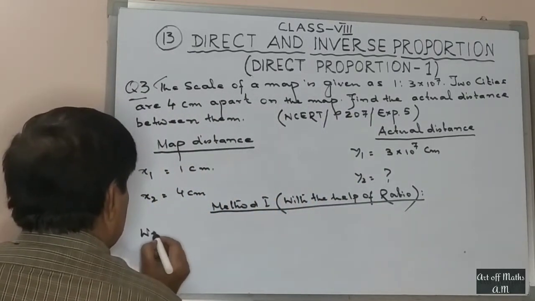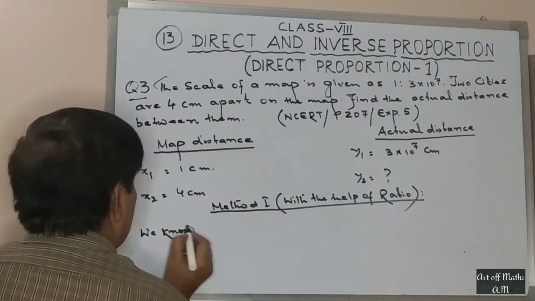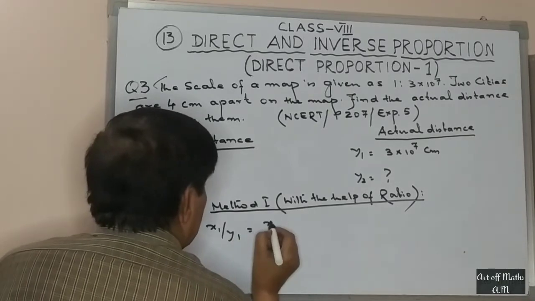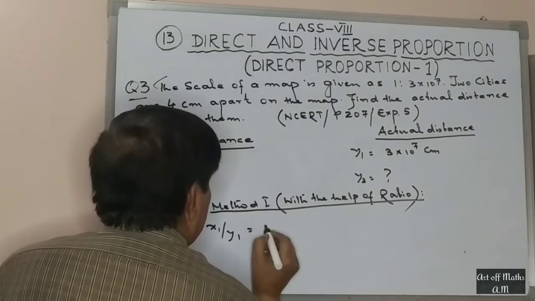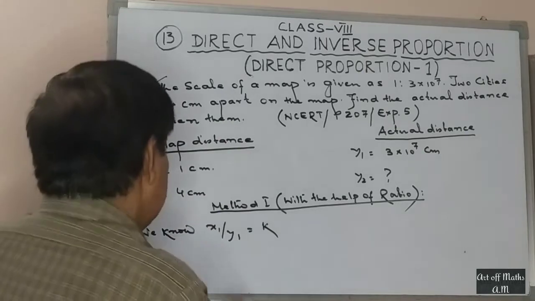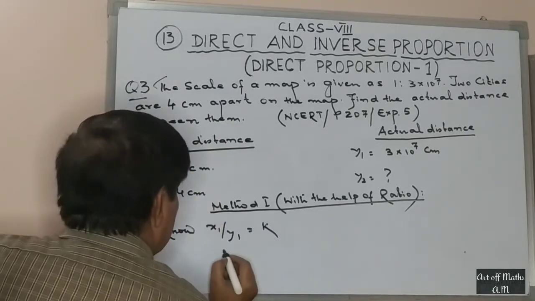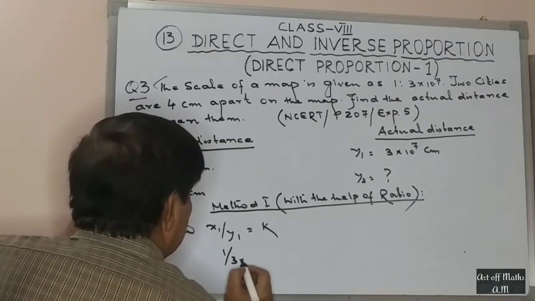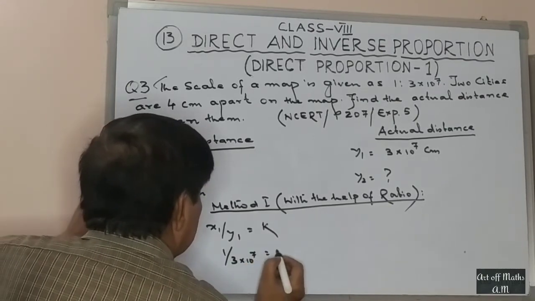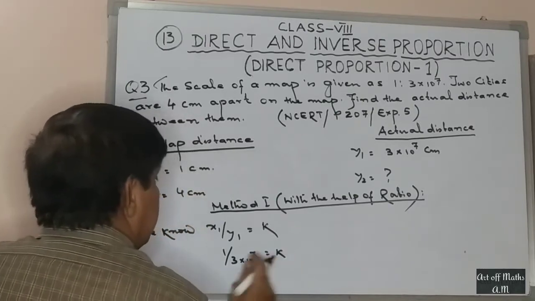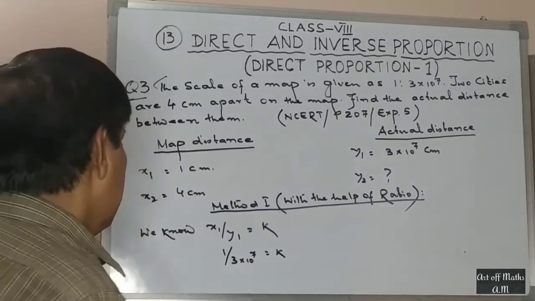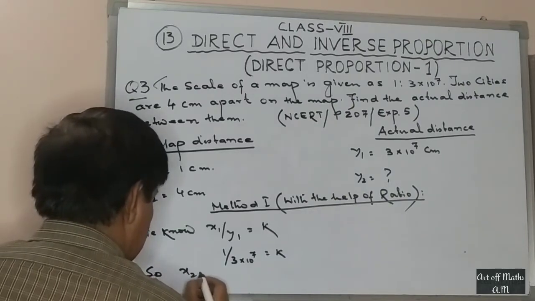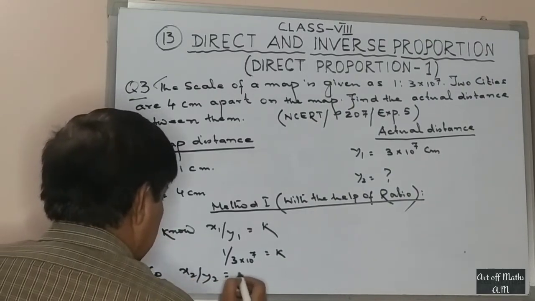We know x1 by y1 equal to k. x1, what is it? 1 divided by y1, that means 3 into 10 to the power 7, equal to k. So this is the ratio. So x2 divided by y2 is also k.